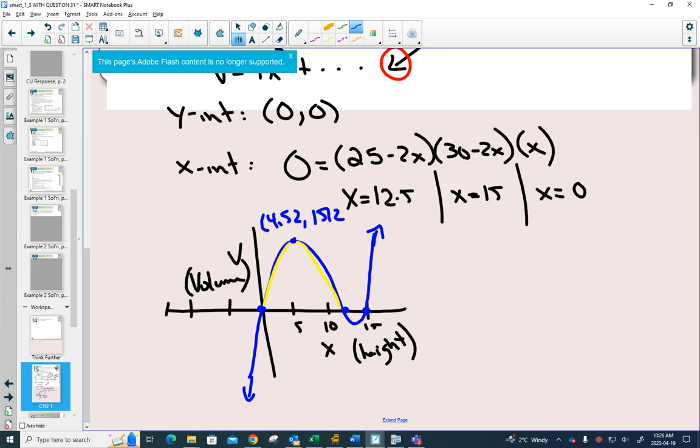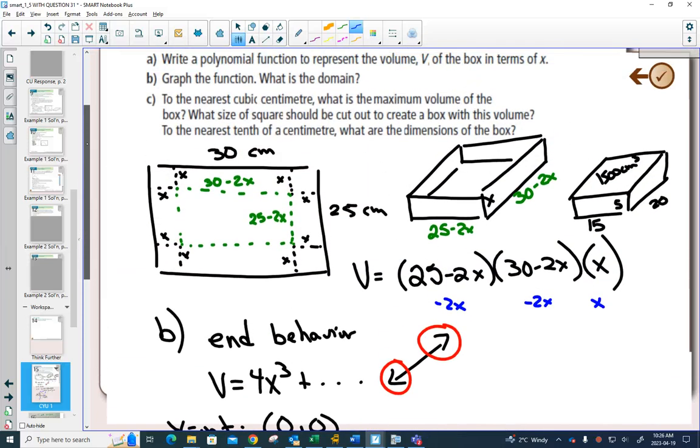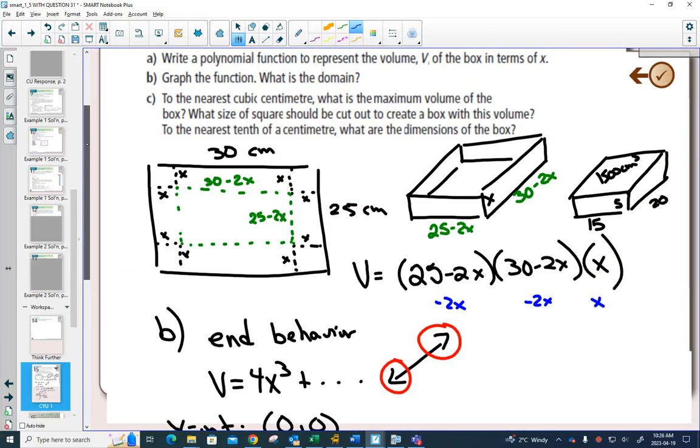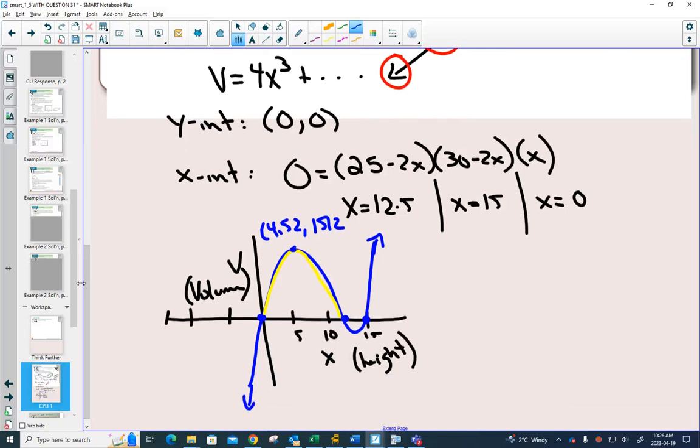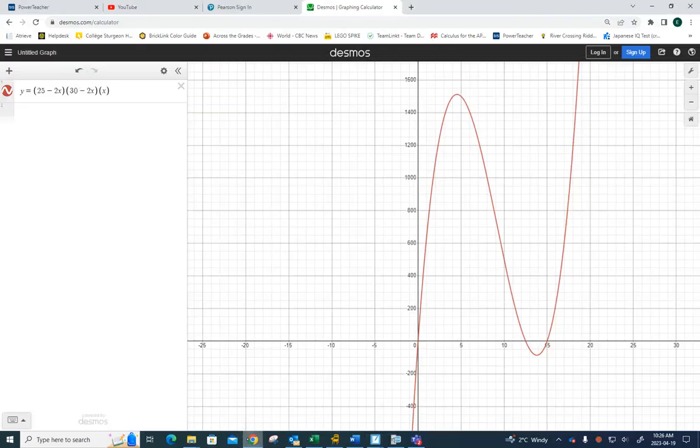What does it say in part C? It says, to the nearest cubic centimeter, what is the maximum volume? So the max volume, well, volume is your y coordinate. 1512 centimeters cubed. I'm just going to go back to decimals to check if my rounding is fine on that.